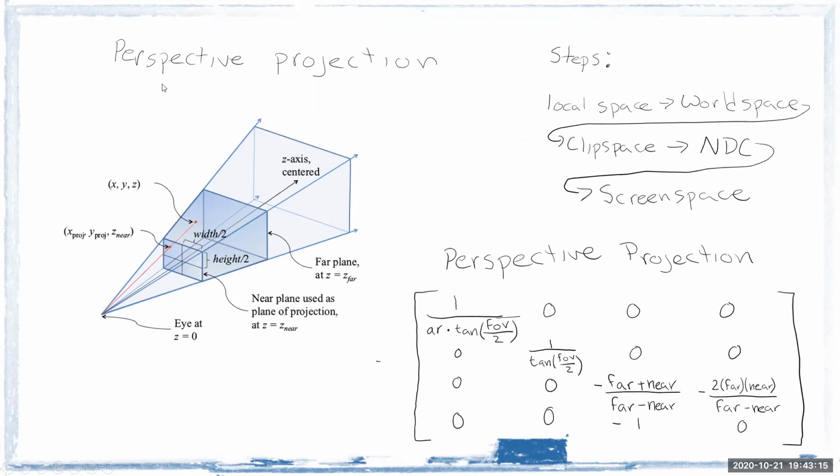The way that we project things is we've got local space coordinates. If you've got an object, like a model, you have its own local coordinates, which is what we use to describe the vertex positions of that model.